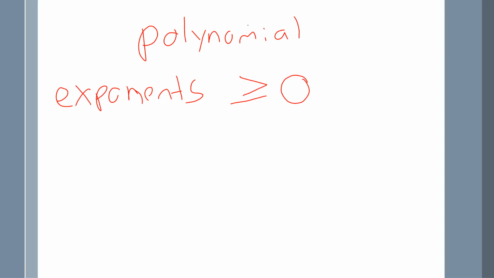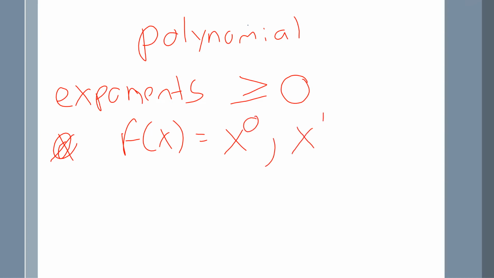So if you're dealing with a function like f of x equals x to the power of 0, that's an exponent. x to the 1 is an exponent too. x to the nth power, where n means some number, could be x to the 99999999999 power. Guess what? It's a polynomial.